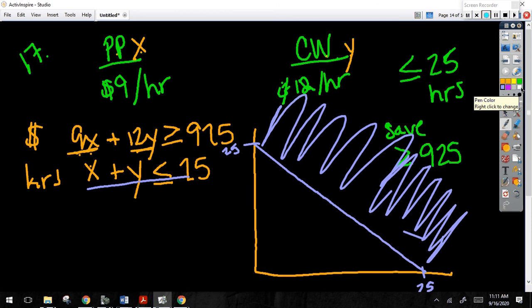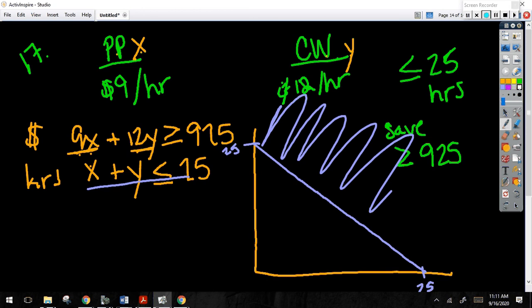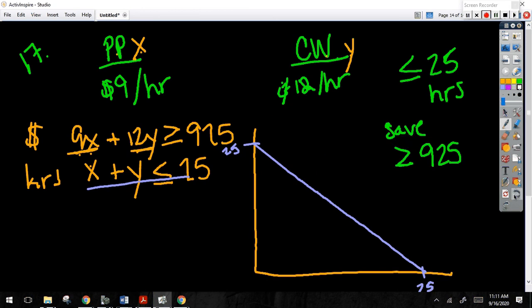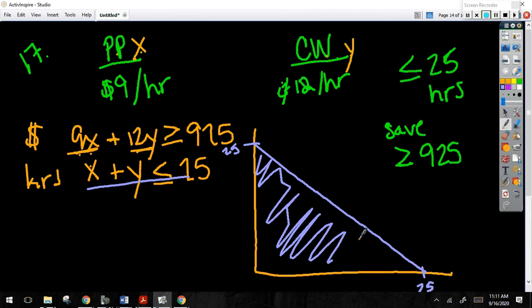And then 925 divided by 12 for the, oh wait, that's the x-intercept. I'm at 100 here. Pretend like that's 100 and I'm right past it. What's 925 divided by 12? About 77, no, a little 75.